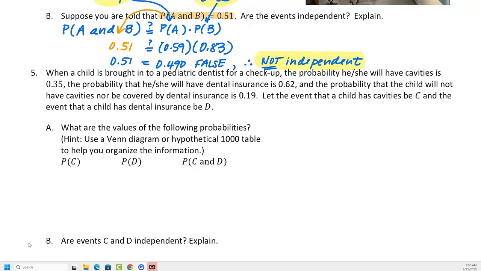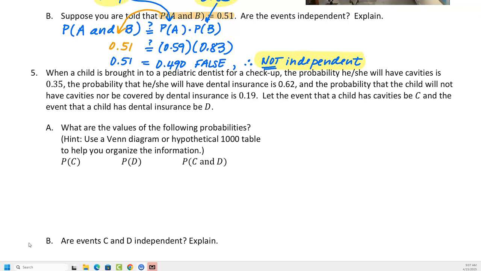Okay, and then for 5, it says when a child is brought to a pediatric dentist for a checkup, the probability that she will have cavities is 0.35. The probability that she will have dental insurance is 0.62, and the probability that the child will not have cavities nor be covered by dental insurance is 0.19.